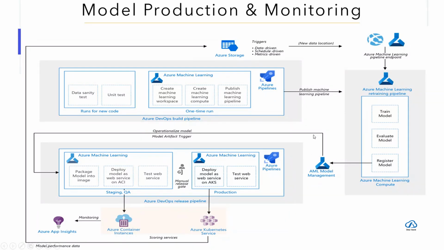Once you register your model, you can consider it as a staging or QA environment to package the model in a Docker image. You can deploy the model as an Azure Container Instance and test the model as a web service. And when you're doing it, you can also have Azure App Insights to check the health or monitor the model: how many requests you have made, whether they were good requests, and what the responses were.